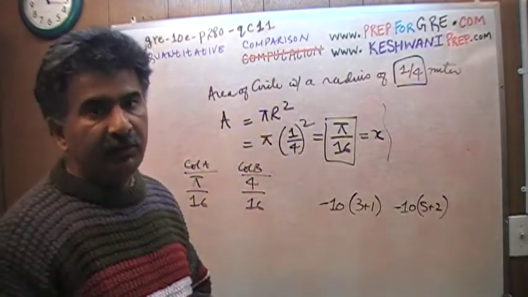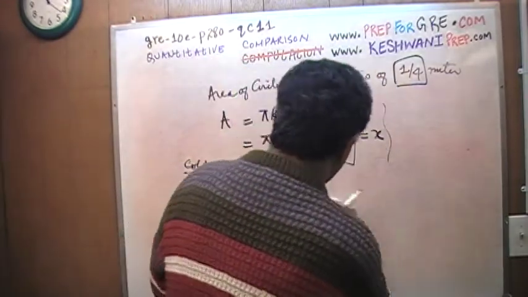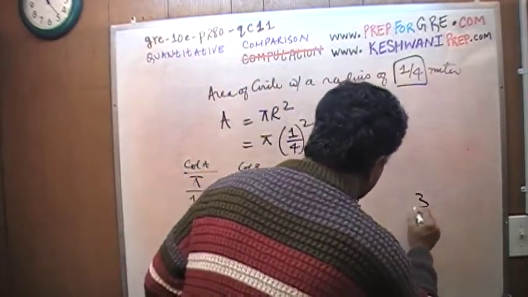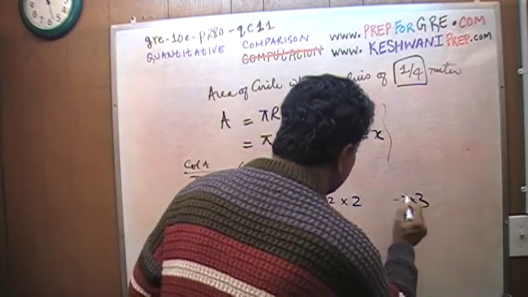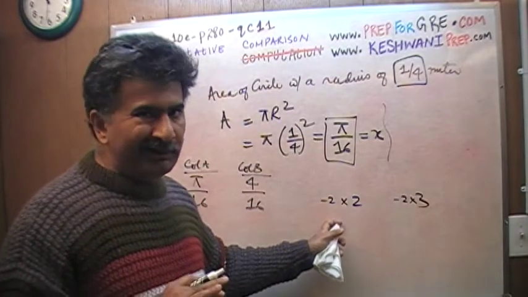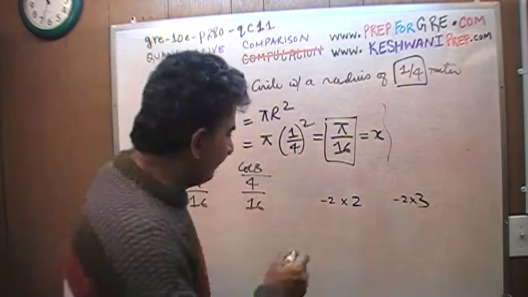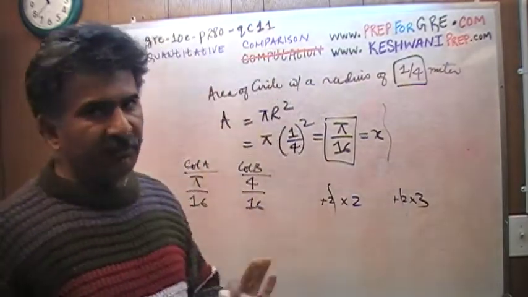Then it causes a change in the direction of the inequality. For example, 3 is greater than 2, but if I were to multiply this side by negative 2 and this side by negative 2, then of course negative 6 will be smaller than negative 4. So as long as this multiplier is positive, you can just cross it out, because it plays no role in it.